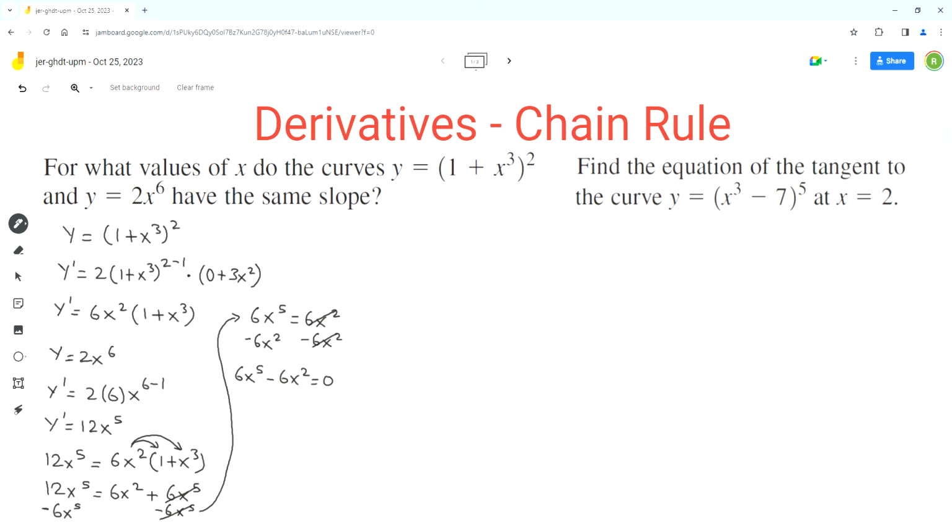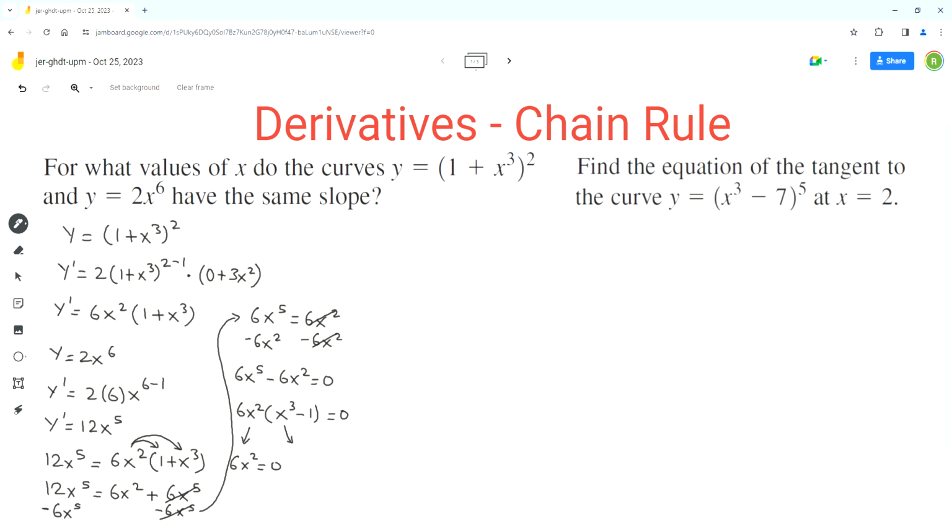Now we can factor this equation. So we can factor out 6x squared. We are doing common factoring and we are left with x cubed minus 1 equals 0. So now we get two cases. The first case is 6x squared equals 0.